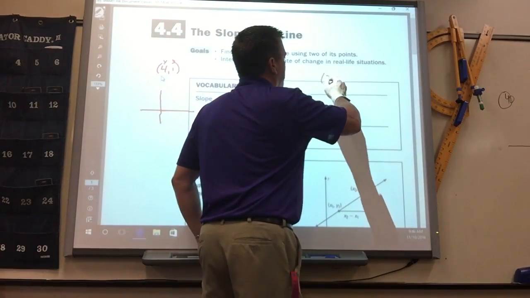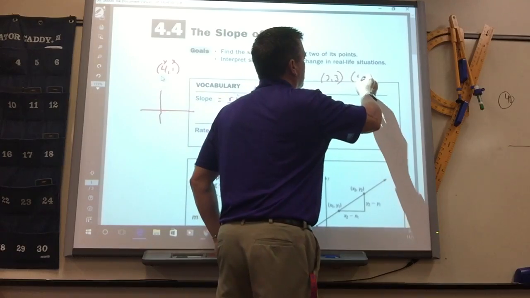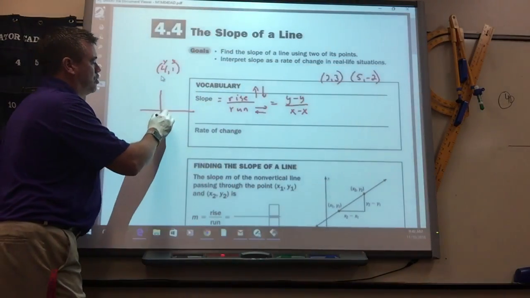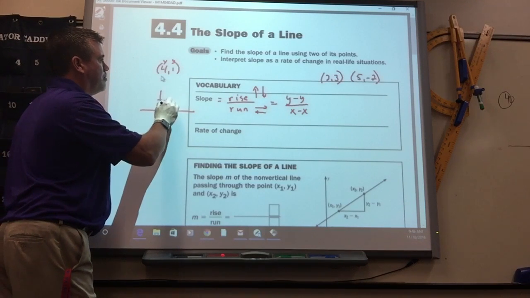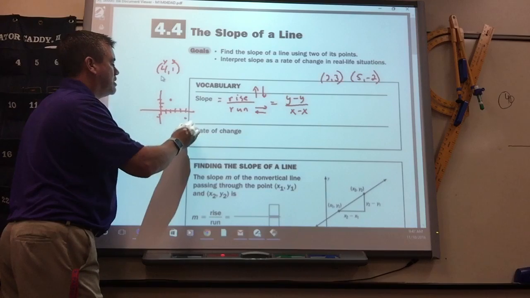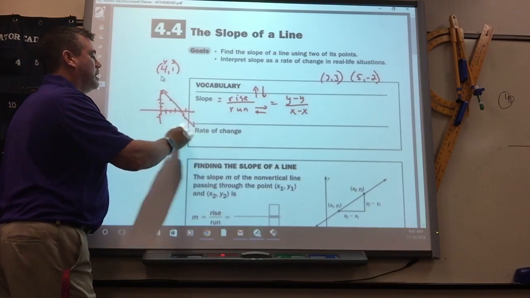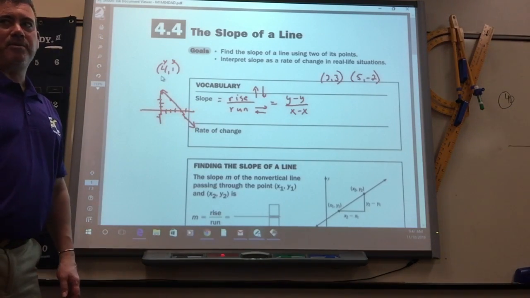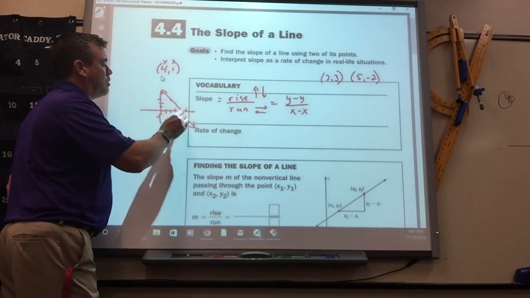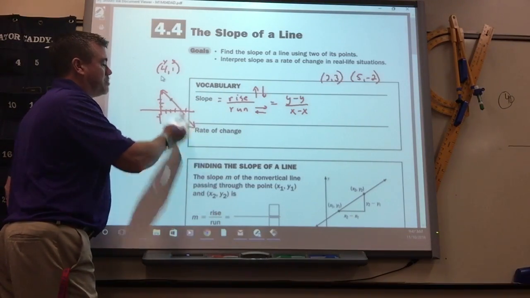So if you had 2 points, if I plotted those 2 points, I could draw a line through there and I could find the slope of it. I could look at the graph by starting at one point and going to the other. Doesn't matter where you start.